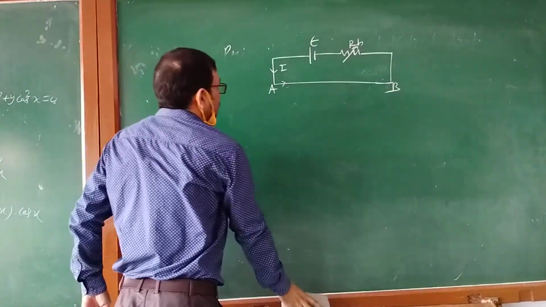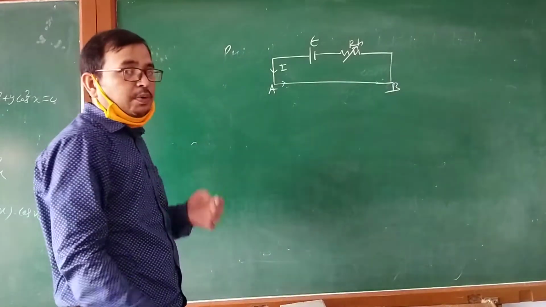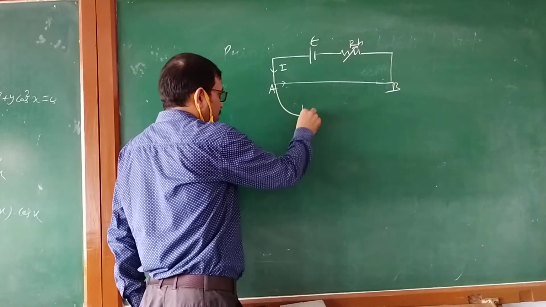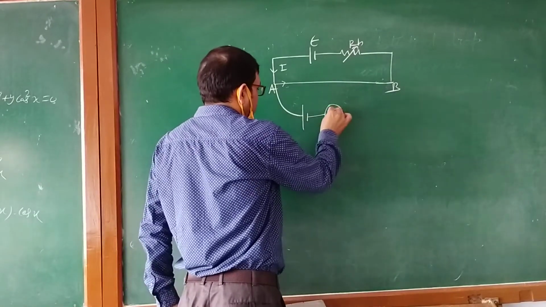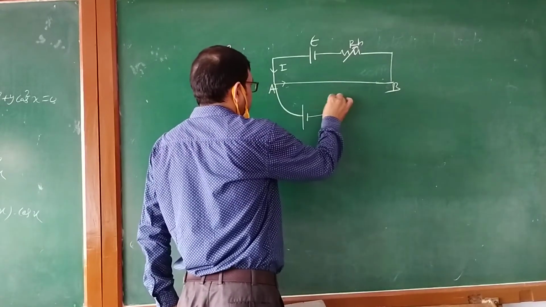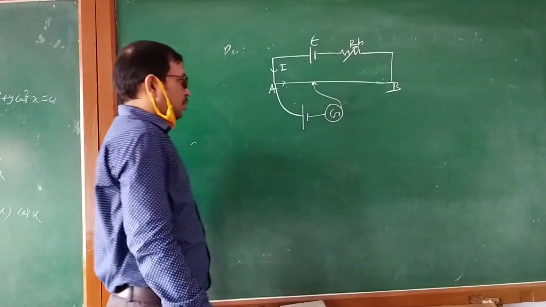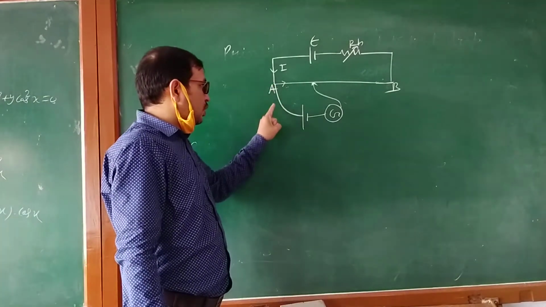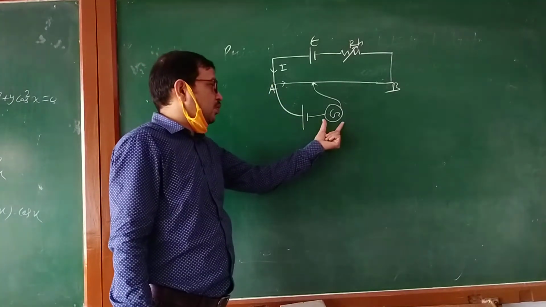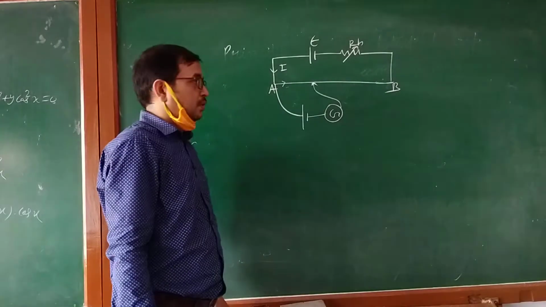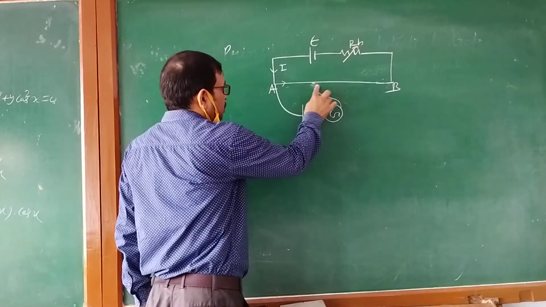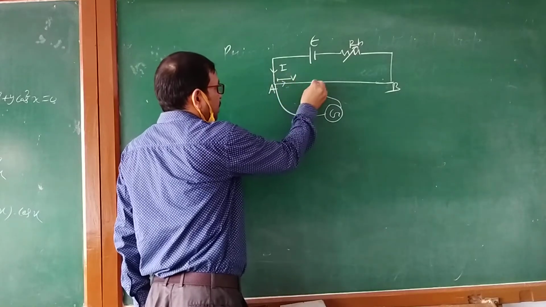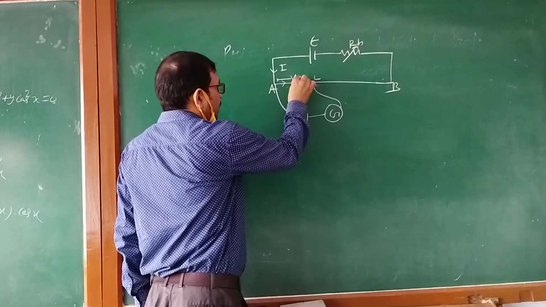Now, how to measure the EMF of a cell? Now I am connecting one cell, and this is a galvanometer, connected somewhere here. When no current is flowing through the galvanometer, suppose there is some potential drop across this length AL, VAL.